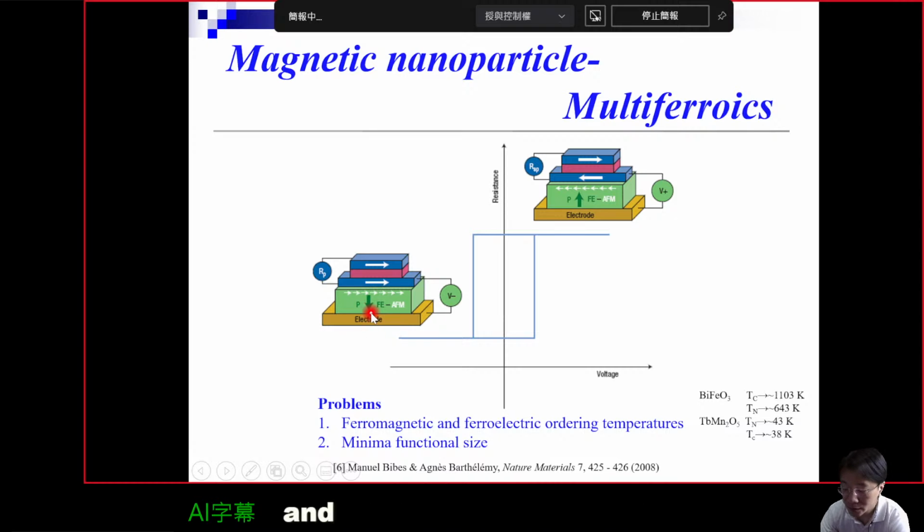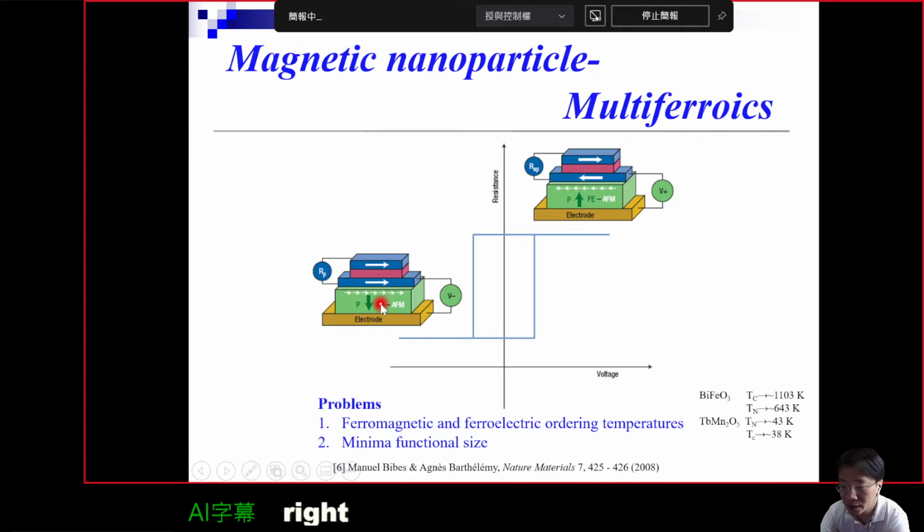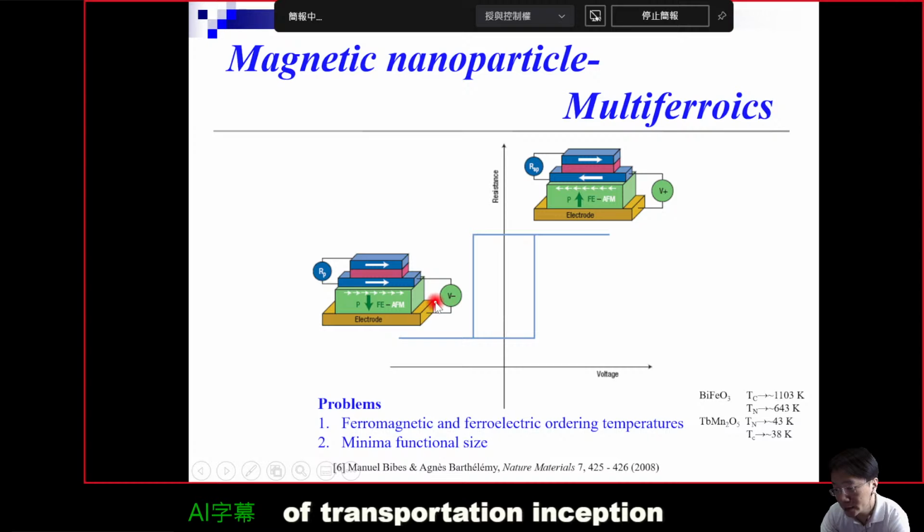And let me remind you that in this case we will also induce the magnetization, but it will point to the right, and this polarization and magnetization are perpendicular in orientation. So in this situation, when we have a magnetization pointing to the right, it will also magnetize the above layer and induce magnetization also pointing to the right.